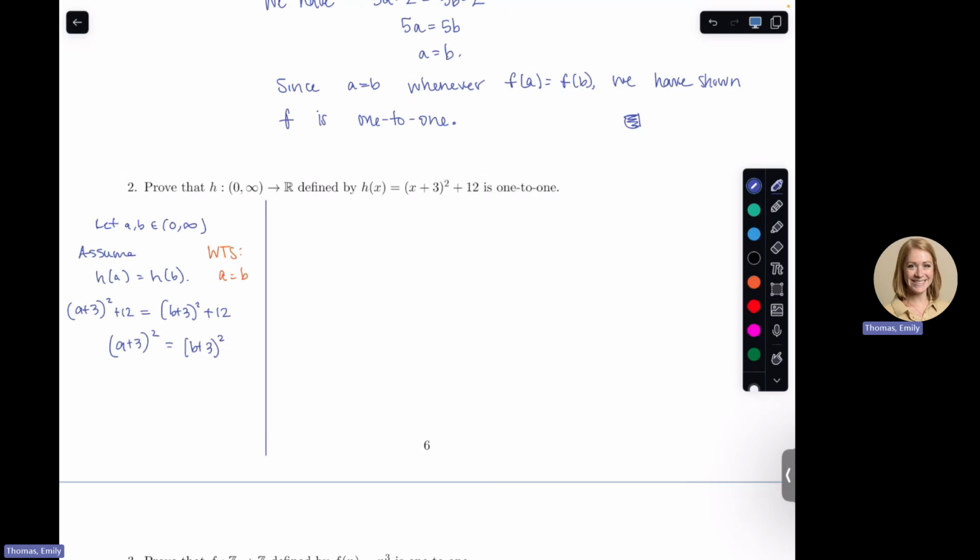Taking square roots here, we don't have to do plus or minus because A and B are both positive. So this is going to be A plus 3 equals B plus 3. This is because A and B are both greater than 0. And then subtracting 3 from both sides, we have A equals B.